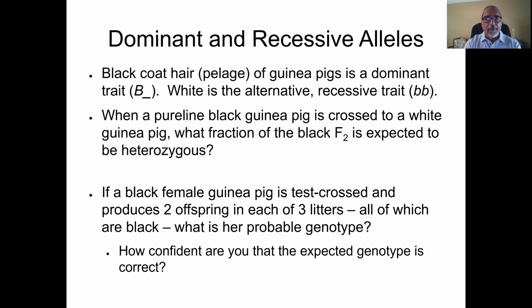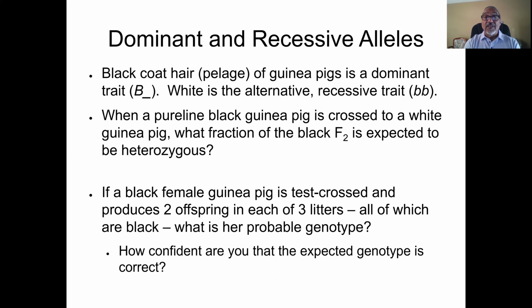What do you think? Here is the key question in genetics. Not just what do you think, but how confident are you that the expected genotype is correct? And not just very confident, kind of confident, maybe confident, not so confident, not confident at all. No, none of that.